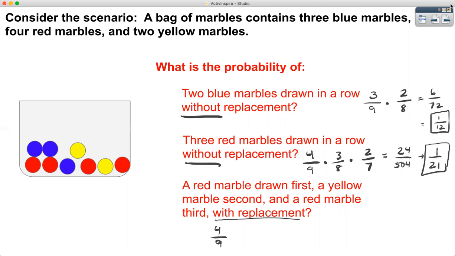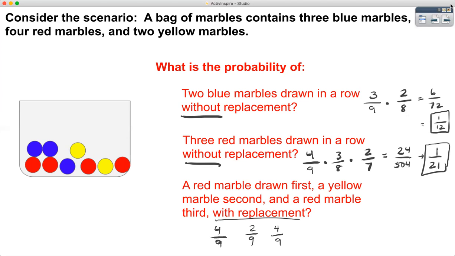I'm not going to cross out a red because I'm going to put it back. So what is the probability of a yellow marble being drawn second? I can see that's 2 out of 9. 2 yellow marbles out of a possible 9. And then finally, a red marble drawn third. Well, again, I still have 4 red marbles in there because I've replaced that first one. So I'm going to have 4 out of 9.